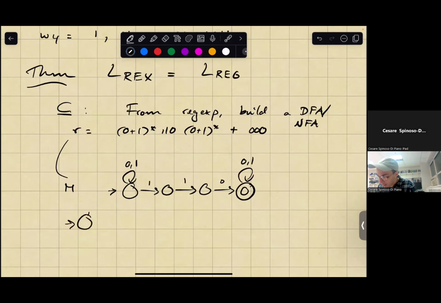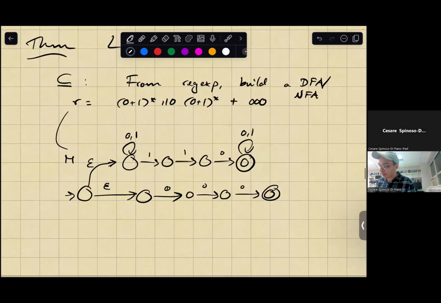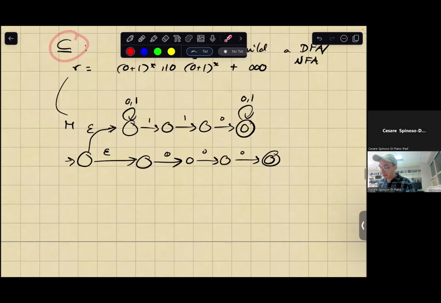So I can epsilon transition here, or I epsilon transition to the FA that hard codes 0, 0, and 0.